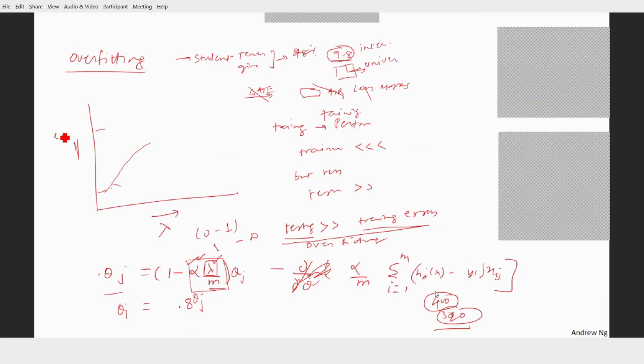This is our error. This is the graph for your training error, and this is the graph for your testing error. So you will see that with increasing lambda values, as your training error is increasing, your testing error is coming down, and at some point they both cross each other.